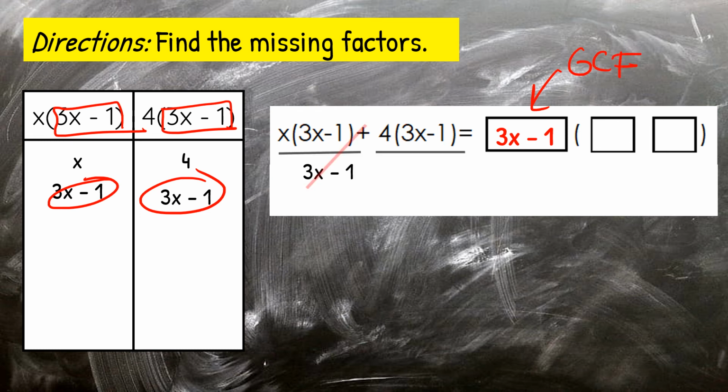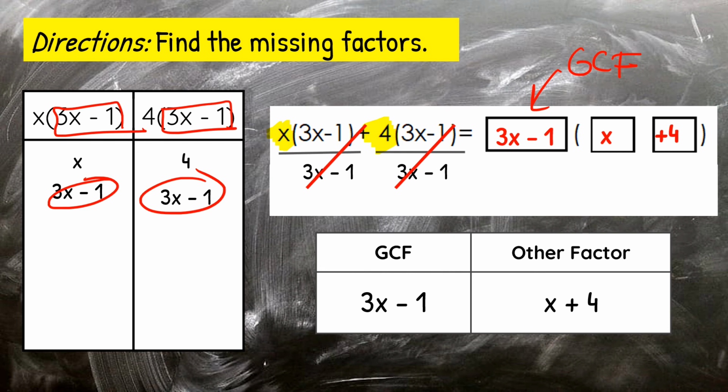We divide both terms by 3x minus 1, and you have an x left over and a positive 4. So our GCF is 3x minus 1, and our other factor is x plus 4.